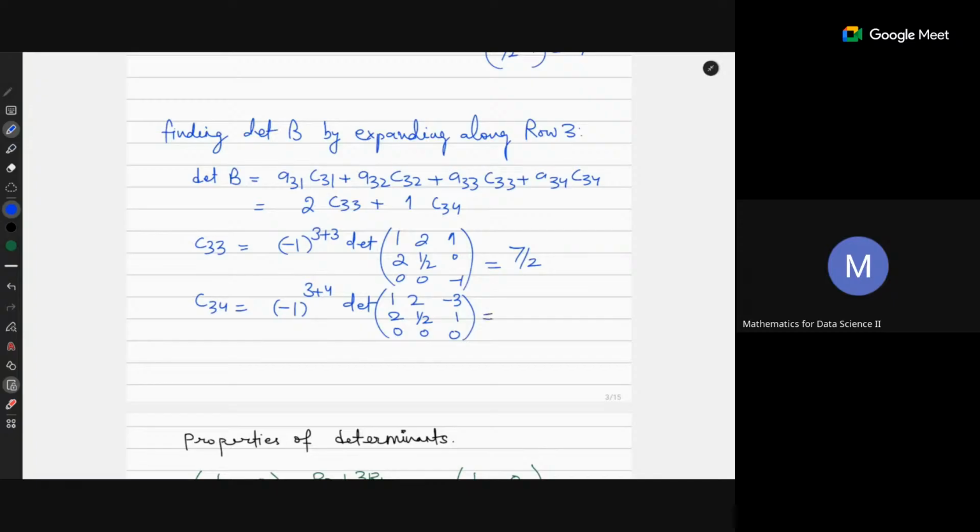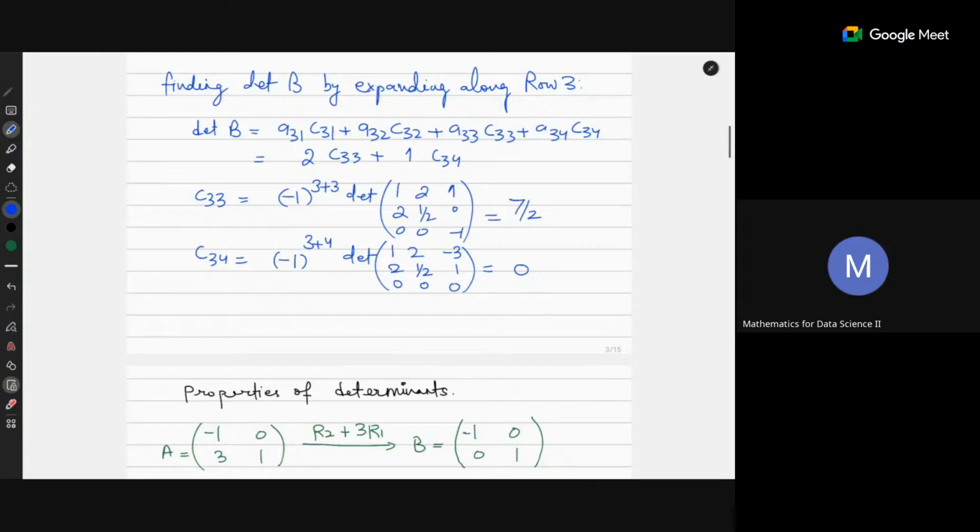Later you will see that if a matrix has a 0 row, this is one of the properties of determinant: the determinant of that matrix is going to be 0. So this is 0. So what will be the answer? Determinant of B expanding along row 3 is 7 by 2, 2 times plus 0, which is 7.